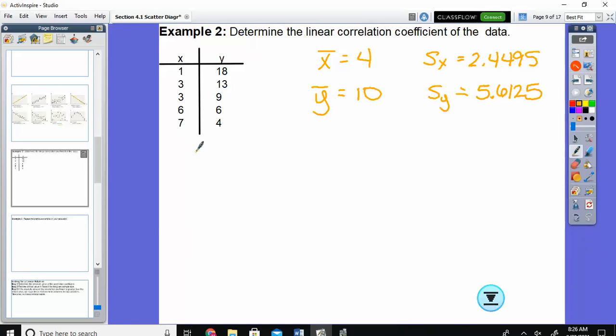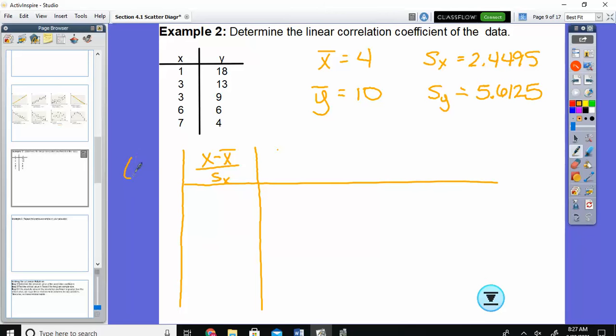Okay. So what we have to do is for each of these ordered pairs, we have to do the x minus the mean of x divided by standard deviation of x. I'm going to do the same thing for our y's. So we'll do the y minus the mean of y divided by standard deviation of y.